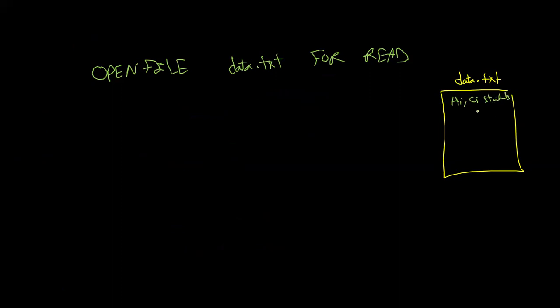Already written on the file, and I want to read it. So I will open the file for read, and then I will add it on any variable, for example, str for string, or let's make it str text, and then equal, and you will read file and the name of the file, data.txt.